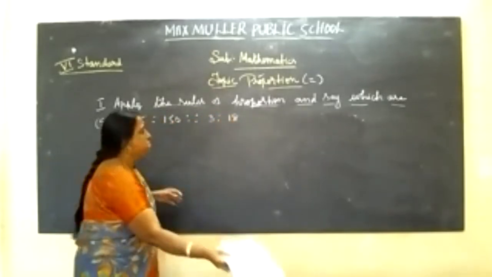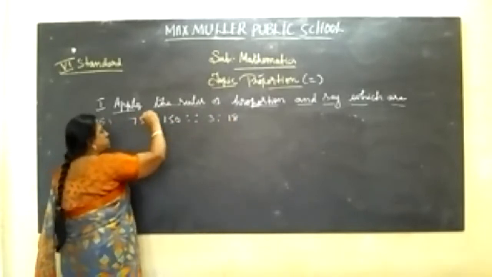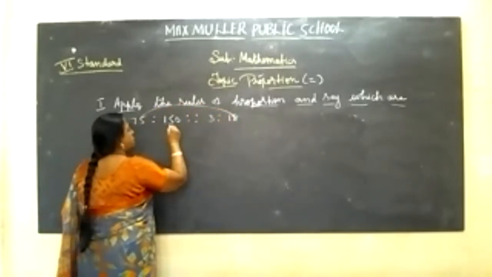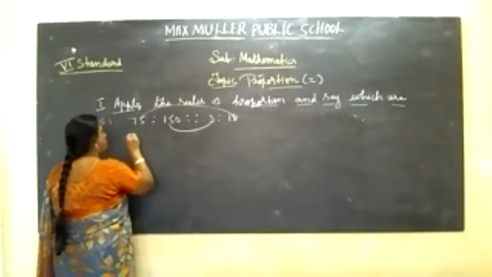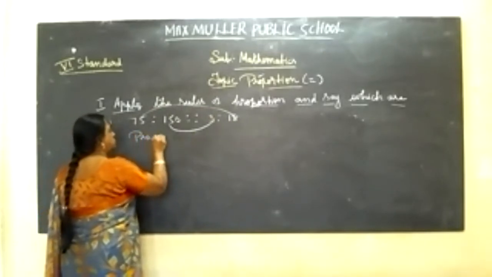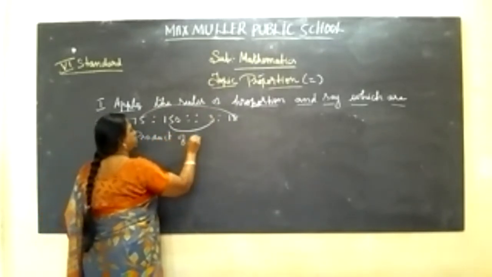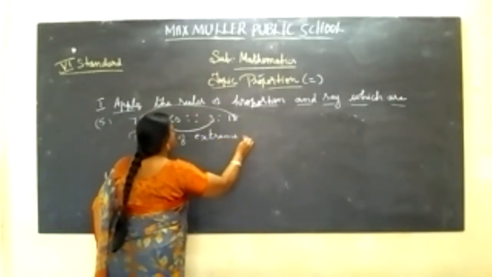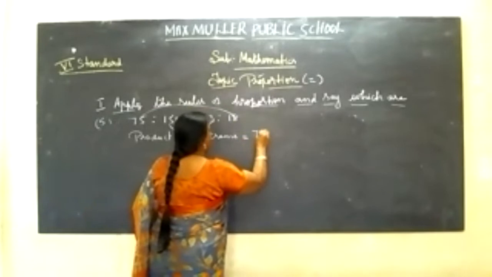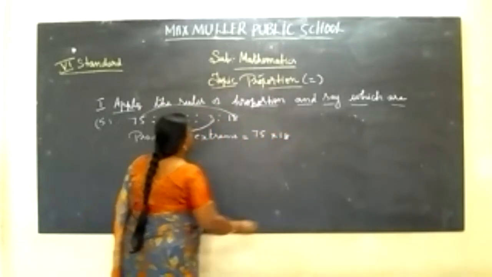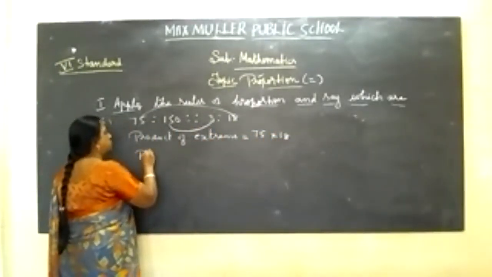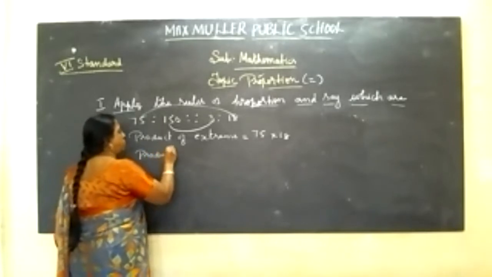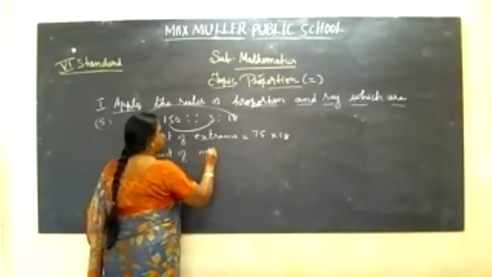See here also, same. First term and fourth term, second and third terms. So the product of extremes is equal to 75 into 18. Product of means equals 150 into 3.